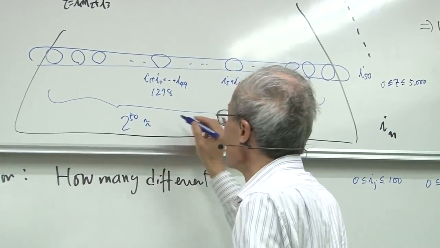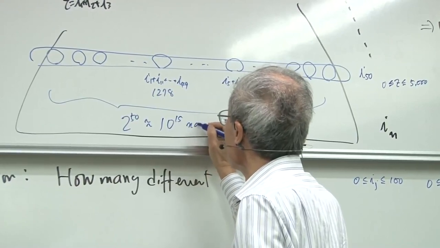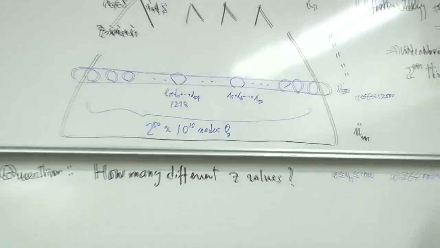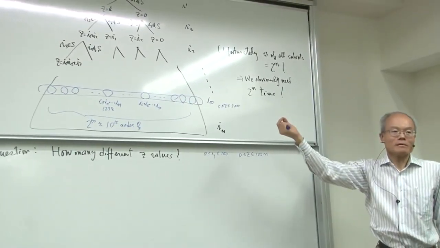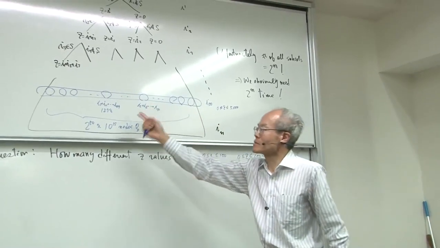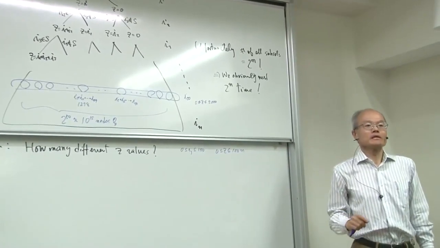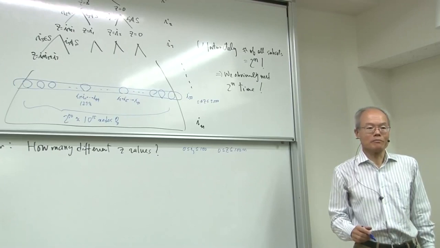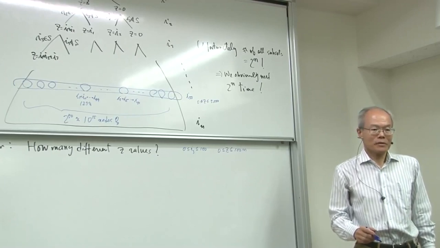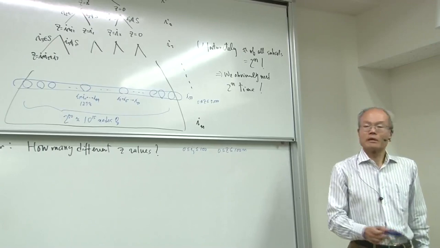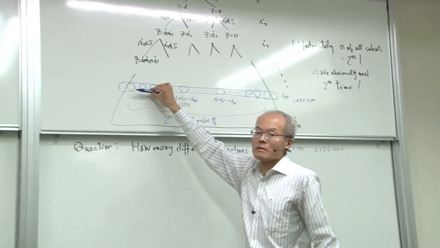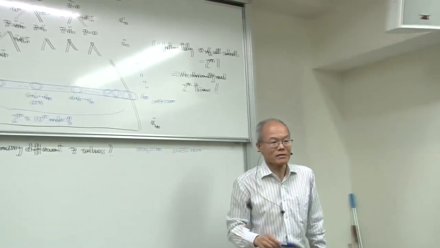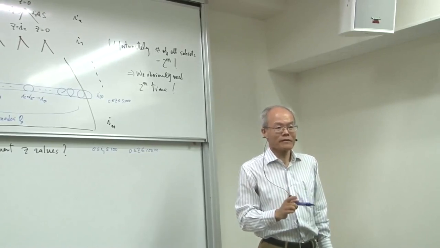What is 2 to the 50? Here, this is a binary tree, so the number of the nodes in this level is 2 to the 50, which is about 10 to the 15. Oh, it's a huge number. Just imagine. You have 10 to the 15 nodes here, but the z value takes only 5,000 different values.